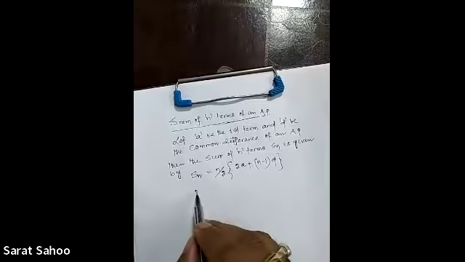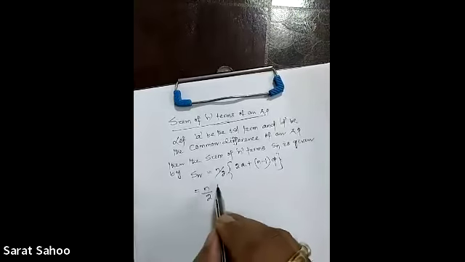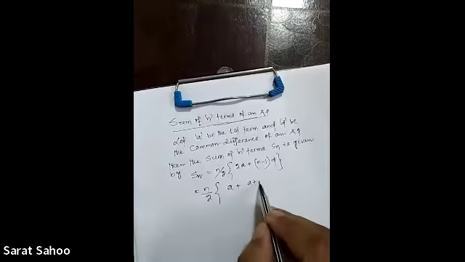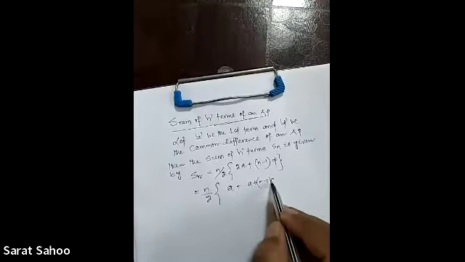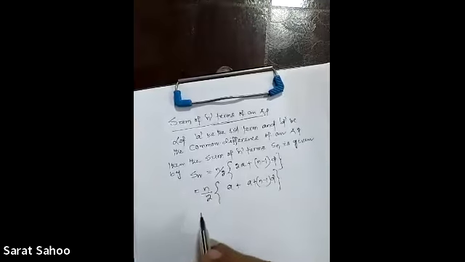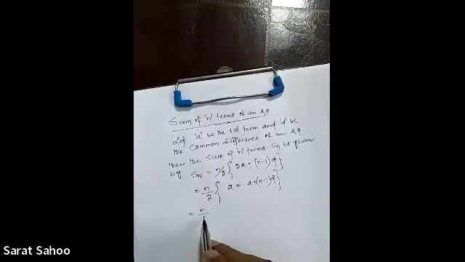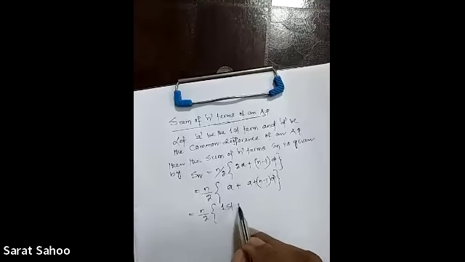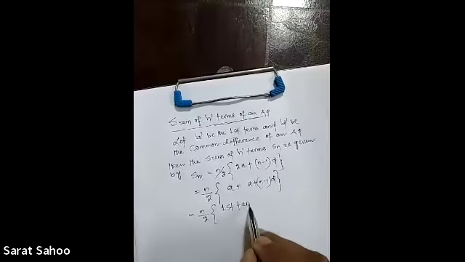This can be written as n by 2 into (a plus (a plus (n minus 1) into d)). This is equal to n by 2 into (first term plus last term).